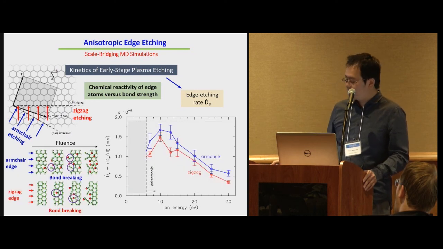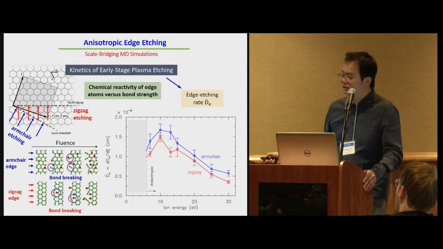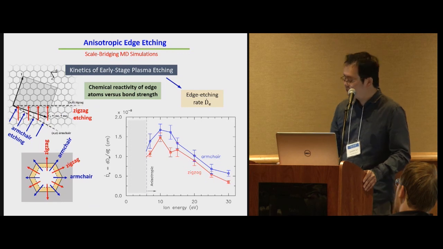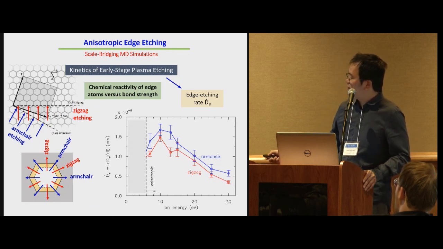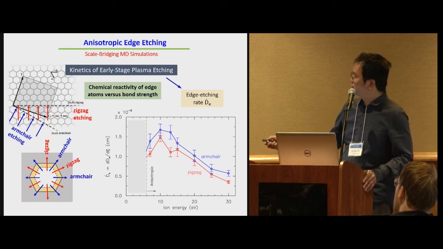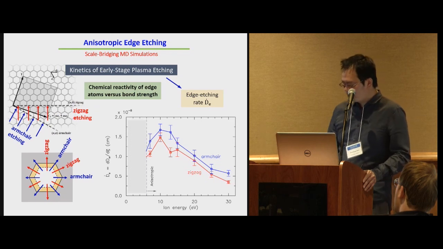Now, if you go up to high energies over here, now you have armchair etching, which occurs at a slightly faster rate, roughly about 15% faster than the zigzag etching. Okay, and this implies the formation of hexagonal-shaped holes, because if you calculate it out, this distance over here is roughly 15% more than the distance in the zigzag direction there.